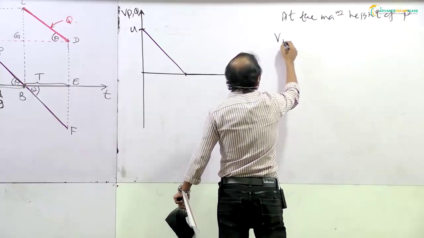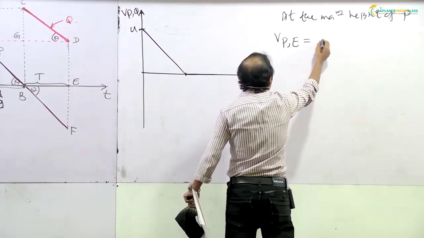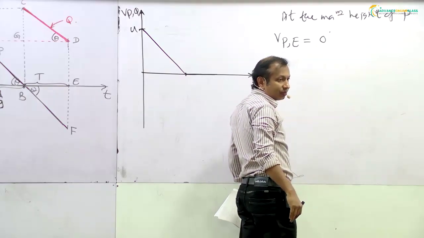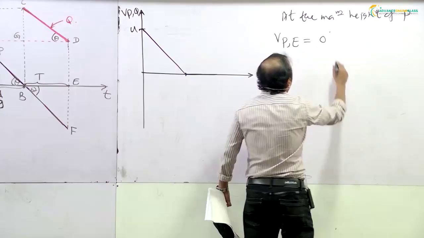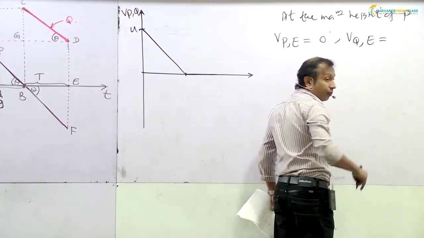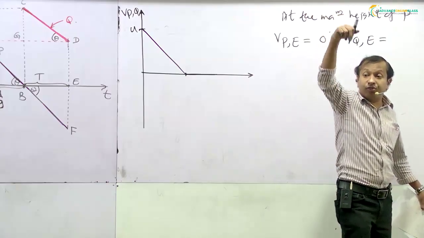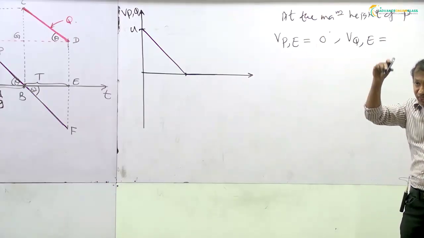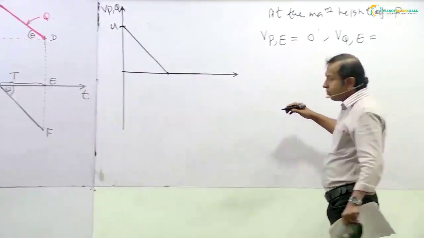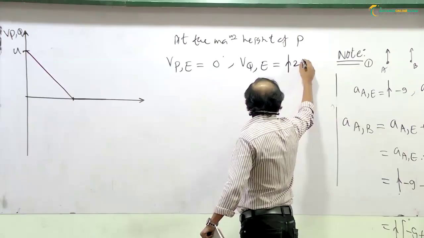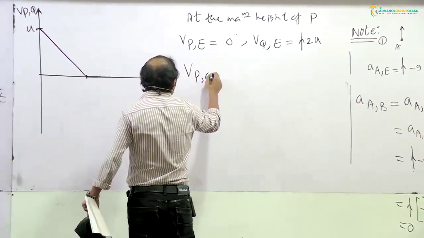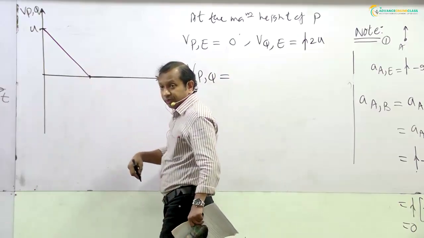Tell me, the velocity of P relative to earth? 0. Downward or upward, we don't know. At the maximum height of P, what is the velocity of Q? Upwards, u. Now we need the velocity of P relative to Q. That also we have to include into this.